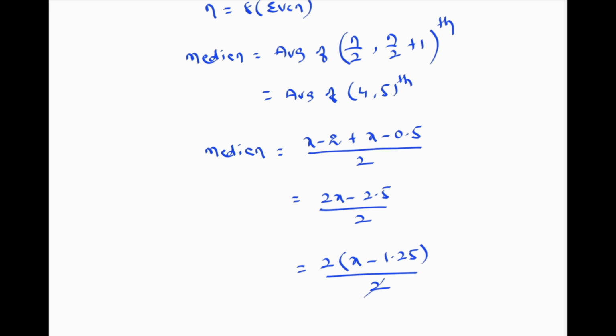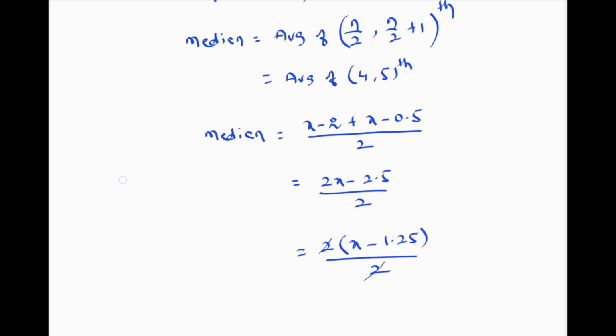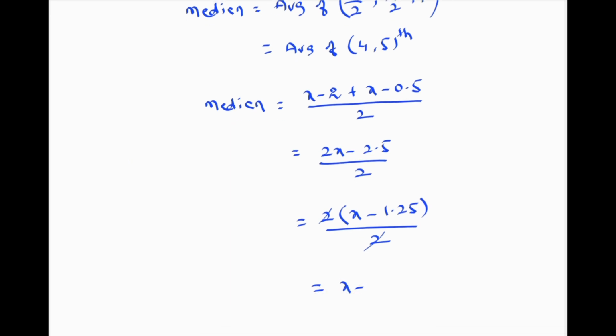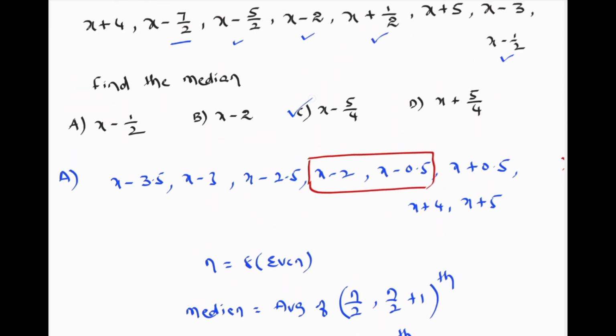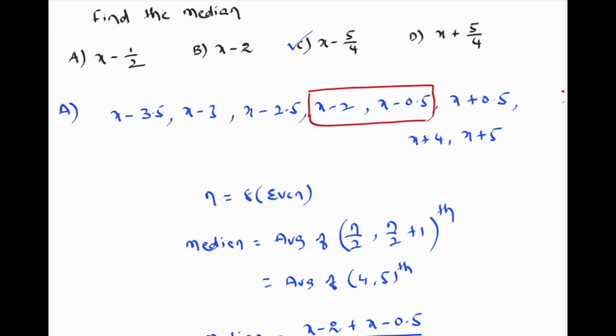So 2 gets cancelled, so the answer will be x minus 125 by 100. Simplifying, 5 by 4. So the median will be x minus 5 by 4. So the method is okay, it is very easy to solve. Actually the simplification is the difficult one.